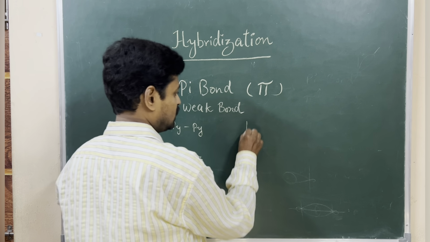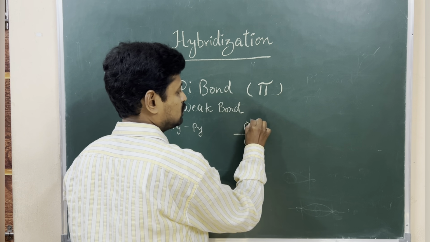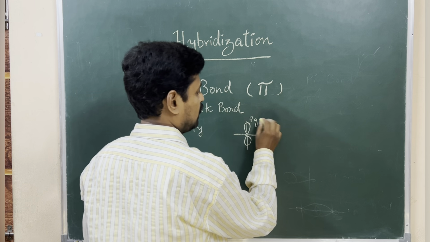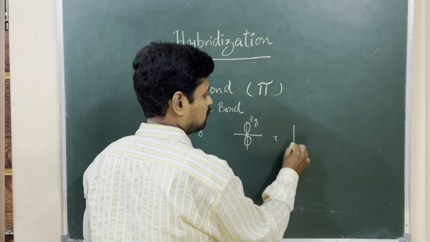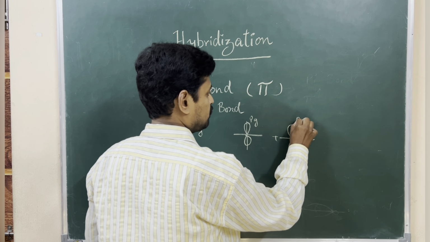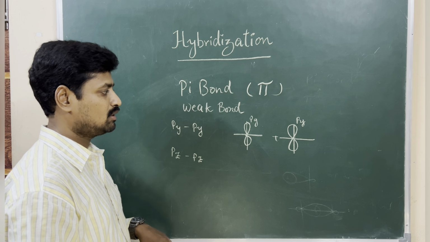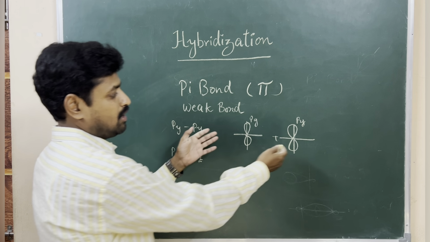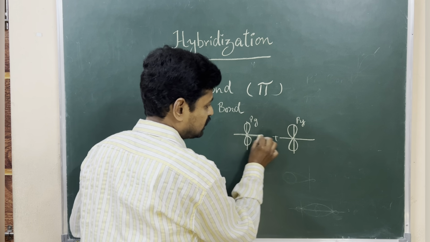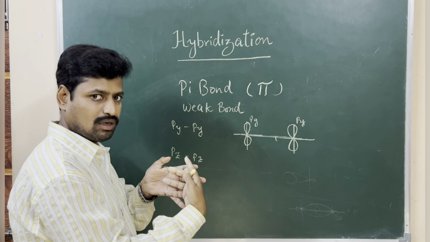Let us take one py orbital, this is py, and another py orbital. Now when these two py orbitals combine together, how do they form? This is the internuclear axis, so they cannot combine along the internuclear axis.